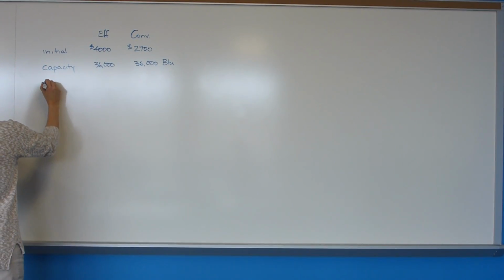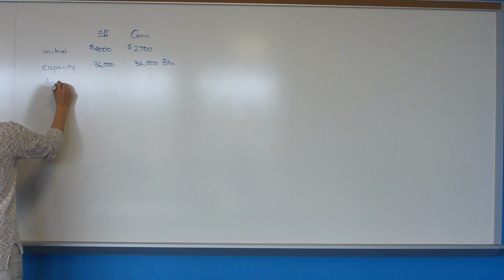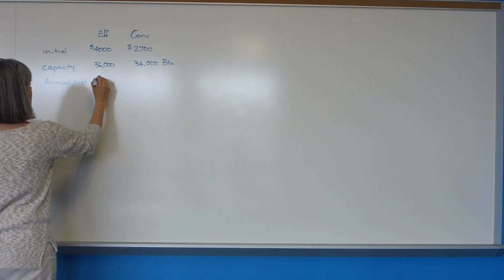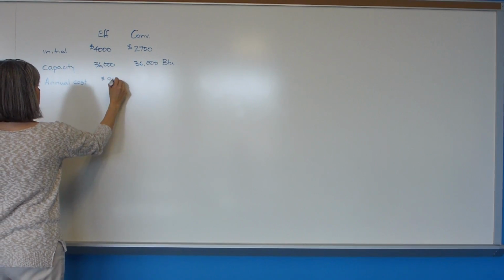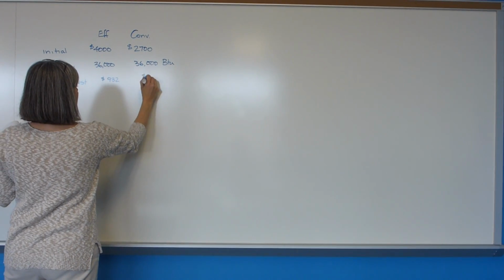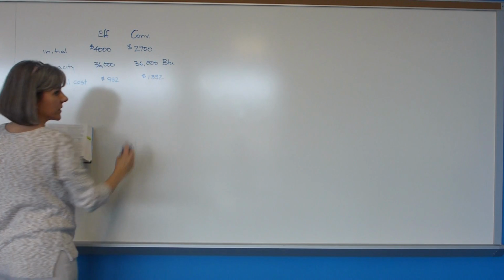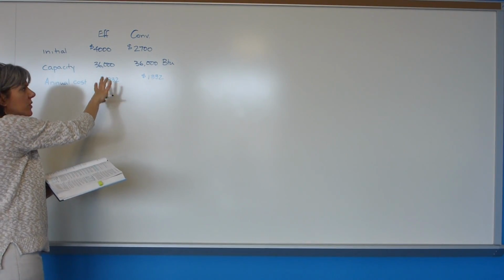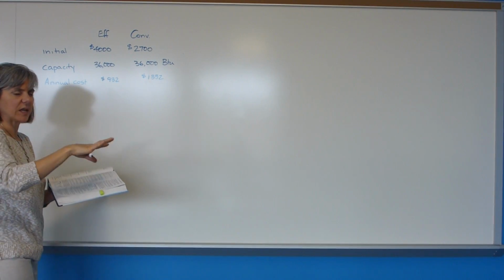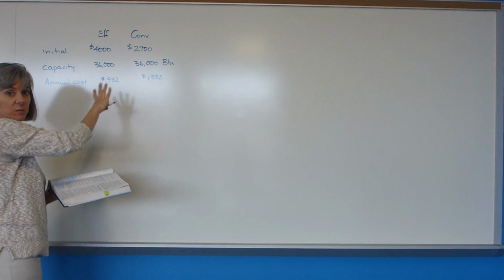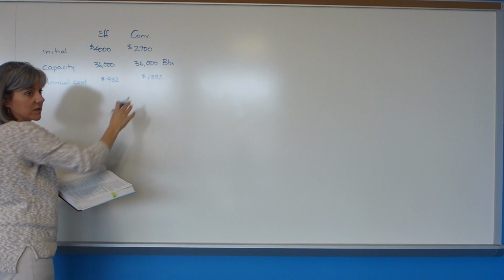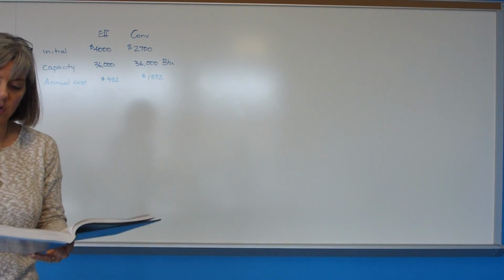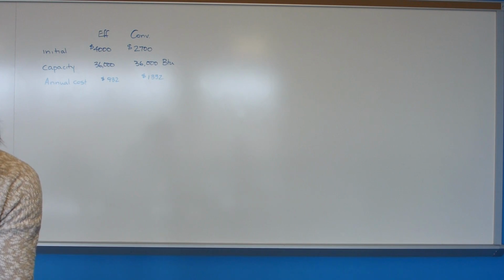And then we have the annual cost of electricity, 932 versus 1,332. And so clearly, we spend more money here, but we spend less money per year. Eventually, you might expect them to break even, and then at some point, the efficient model is going to keep saving money, whereas this is going to keep costing you money. Okay, so the first one says, express the total cost and the average cost for both of these.